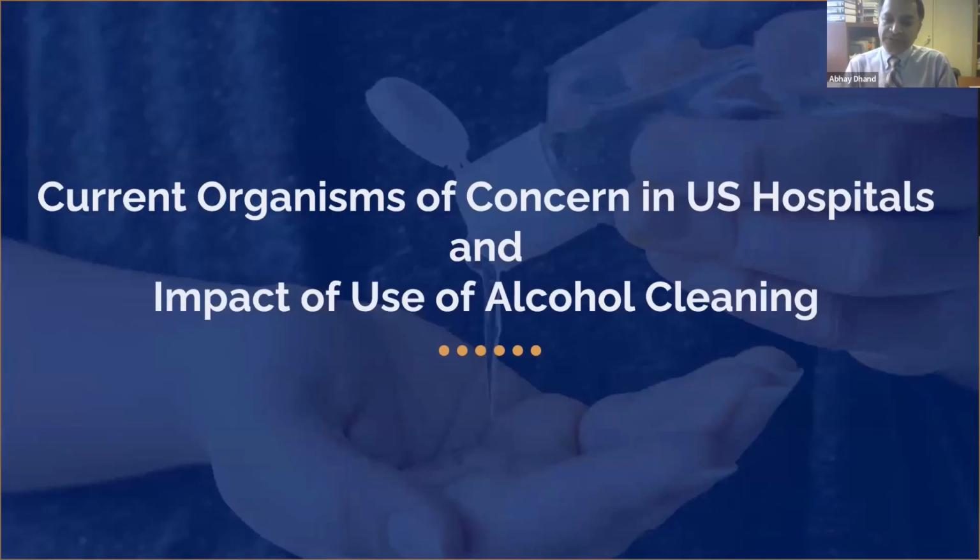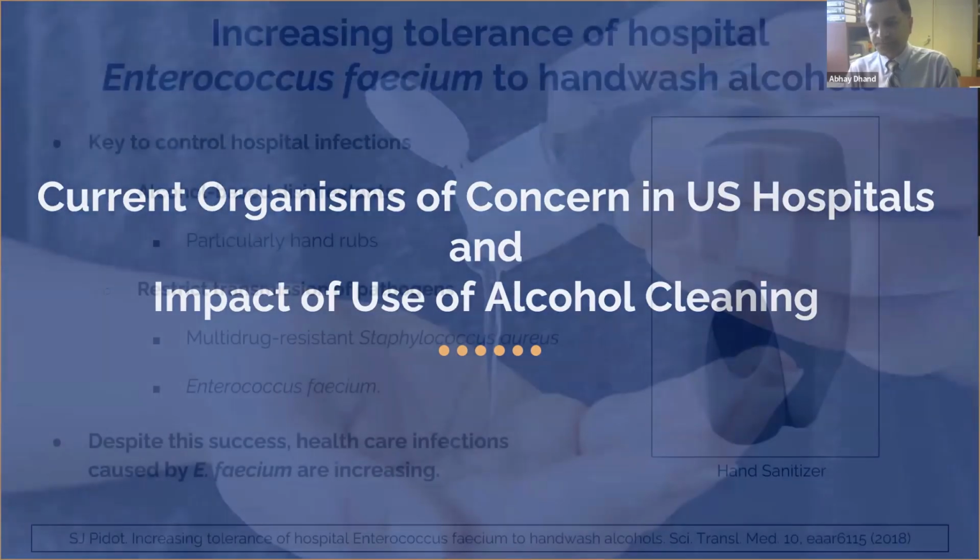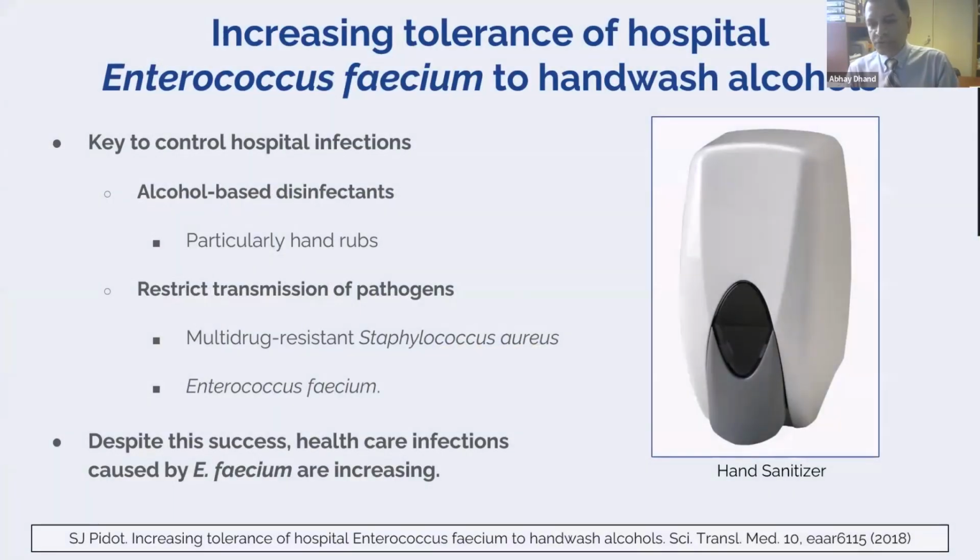So this brings us to the current impact of alcohol cleaning. The question is important because alcohol is the current standard for hand hygiene in our hospitals. Next slide, please. So let's talk about certain organisms of interest and the impact of alcohol use as a hand wash and for hand sanitizing predominantly in our healthcare setting.